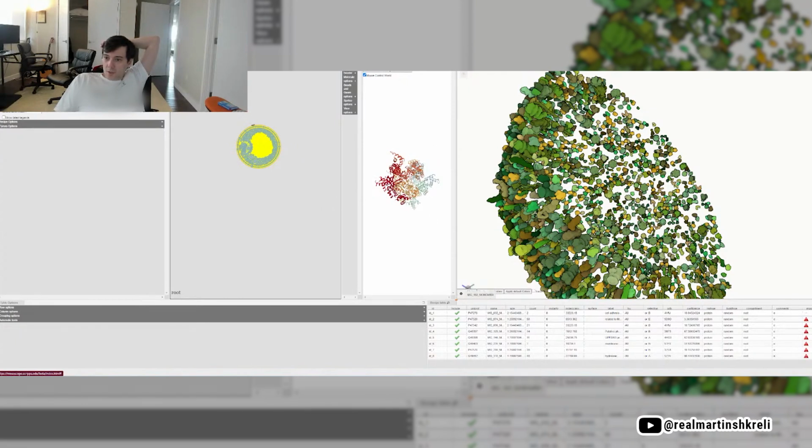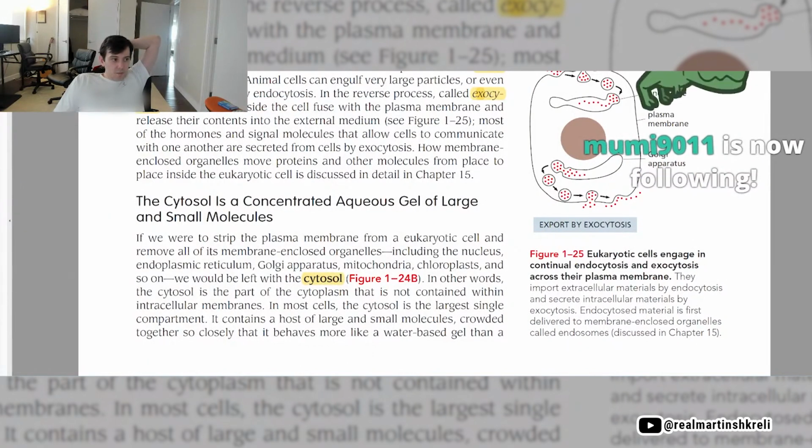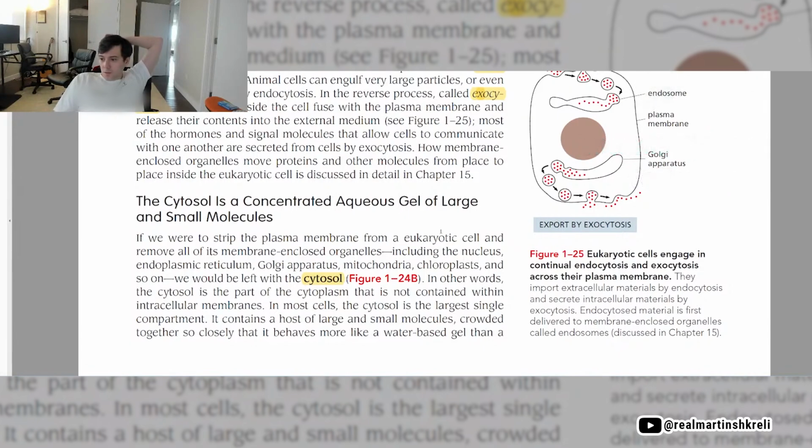So you can play around with this software if you'd like. It's called MESOSCALE or Mesoscope, and it's made by Scripps. So anyway, the cytosol is more like a water-based gel.